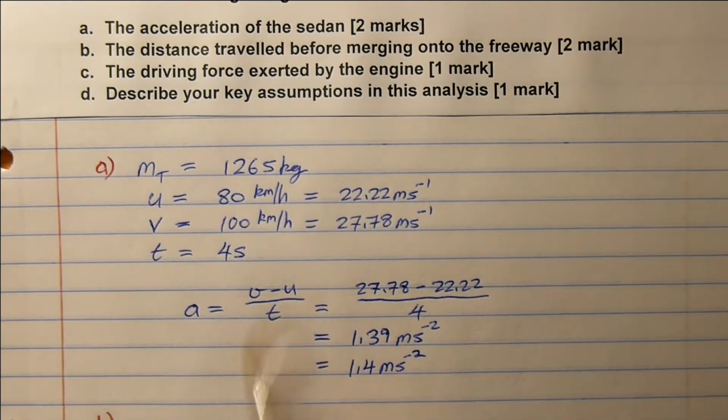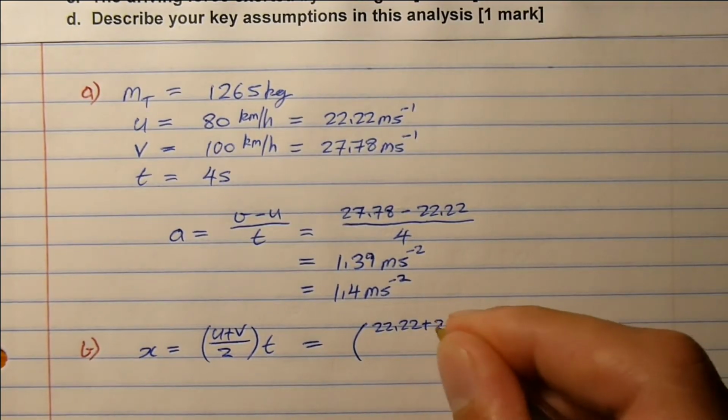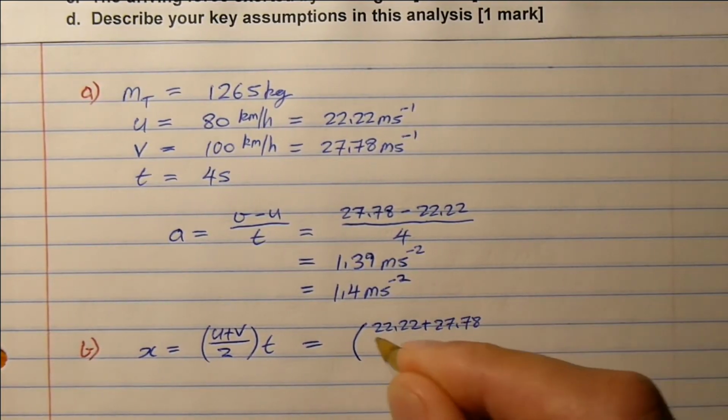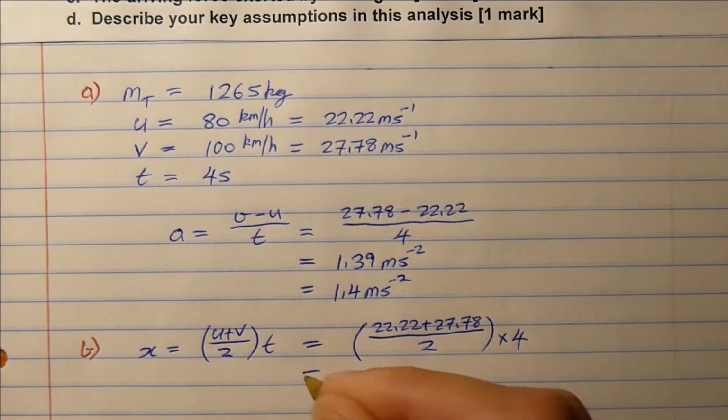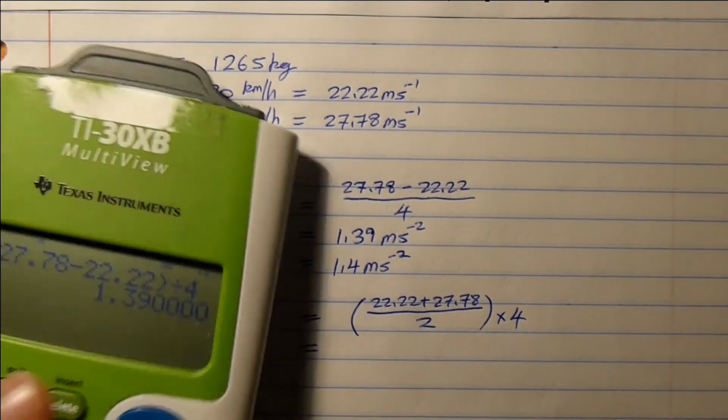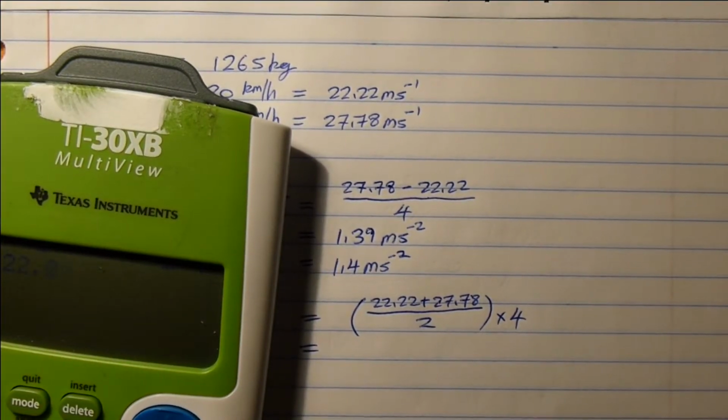So I get x is equal to u plus v over 2 times t. So that equals 22.22 plus 27.78 divided by 2 times 4 seconds. 22.22 plus 27.78, and then 4, so that'll be just times by 2.